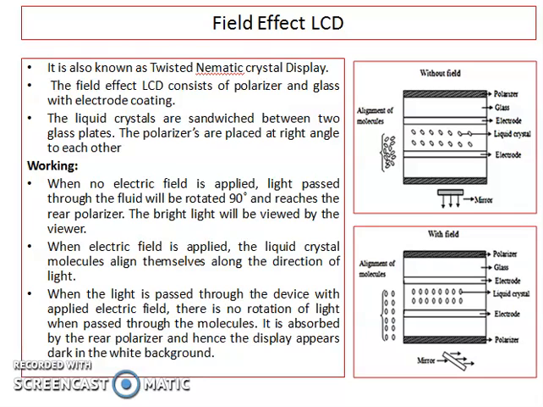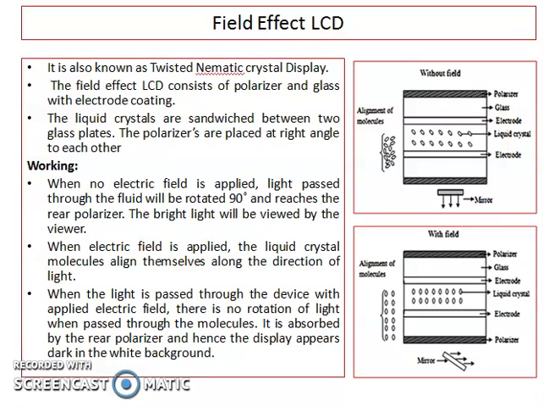The field effect LCD consists of polarizer and glass with electrode coating. The liquid crystals are sandwiched between two glass plates. The polarizers are placed at right angle to each other. In the construction diagram, we find that the two polarizers are used to polarize the light passing through the liquid crystals available inside the device.